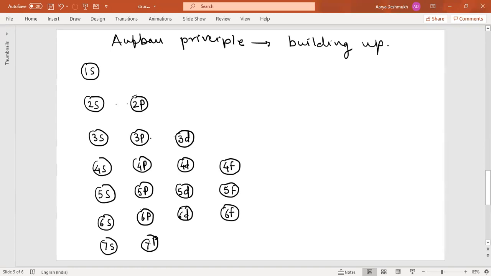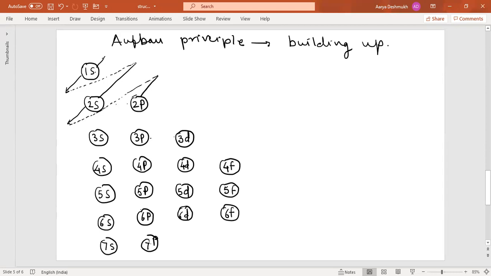You just start from this 1s. You draw this way, then go back with the dotted line and come back with the thick line. After 1s you fill the orbital 2s, then again go back with the dotted line, then come back with the thick line.